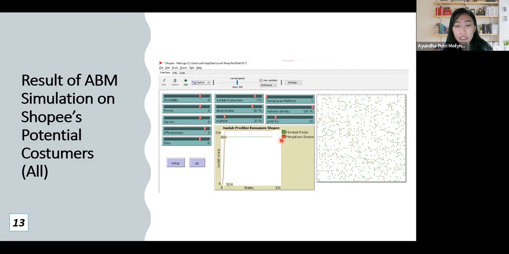From the simulation, we can know that there are 680 people who are interested and buy product at Shopee from 770 Shopee's potential customers, and the time taken is 14% of the total time of testing all potential customers to receive information on the platform and decide to buy or not to buy the product. In addition, the simulation also shows that 42% of the total explorers finally decide to buy the product after searching more deeply about the related parameters.